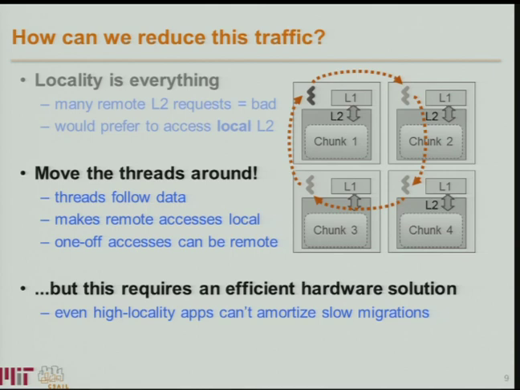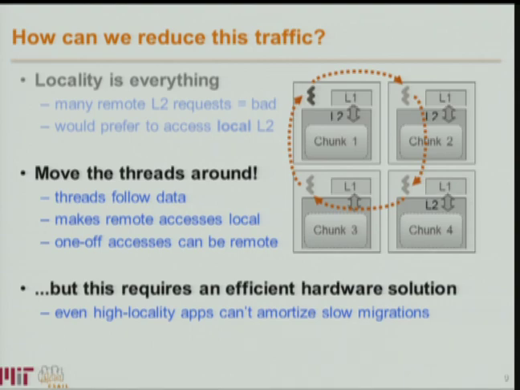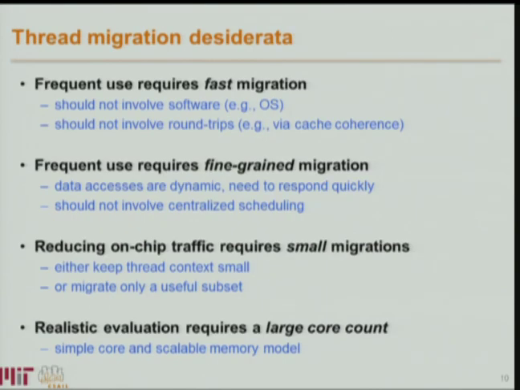This requires very efficient migration, which we believe can only be done in hardware. Because if your migration is slow, then even if you have a lot of locality that would turn these long accesses into local accesses, it's not enough to amortize the cost of moving the threads over.